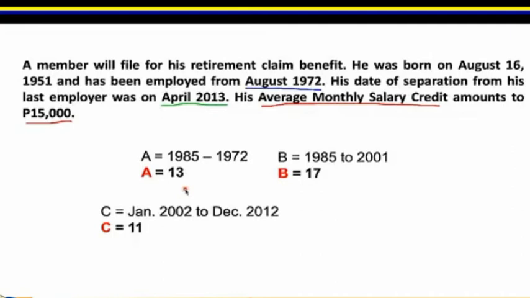So, letter C, total number of contributions paid beginning January 2002 up to the month prior to the semester of contingency divided by 12. So let's assume again na per year since 2002 to 2012 ay meron siyang 12 monthly contributions per year.